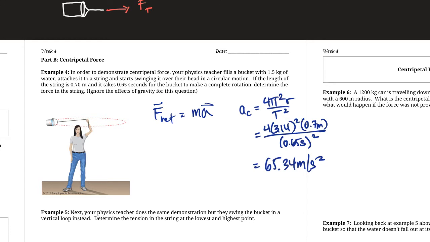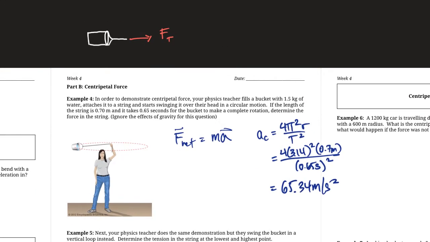So that's the overall acceleration of our bucket. That means the net force has to equal mass times that acceleration. We know the mass is 1.5, and the acceleration we just calculated is 65.34.